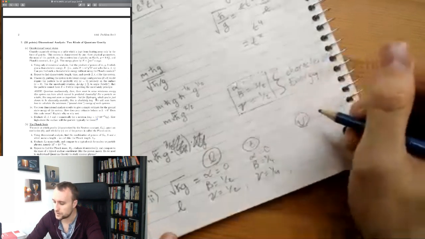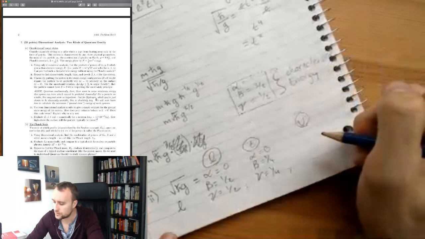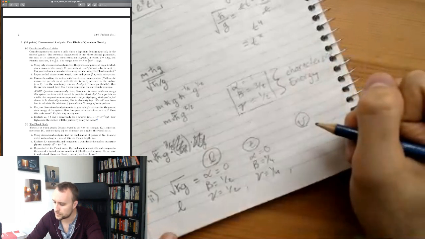So velocity, we want length over time, and we have length over time squared.